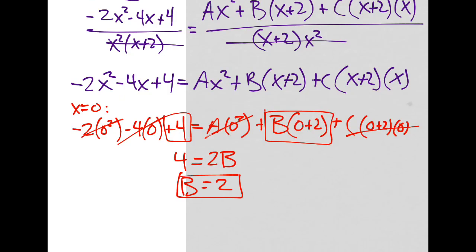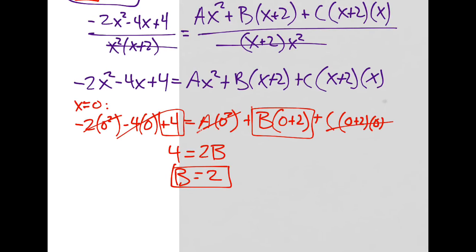And let's do the same thing now with a second value that will cancel some stuff for us. Instead of letting x equal 0, let's let x equal -2. And again, I hope you can see where I'm choosing these numbers from.